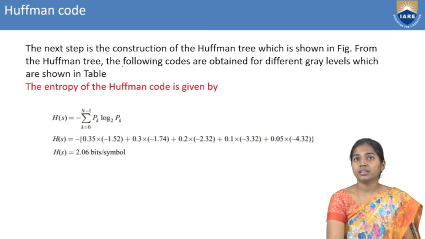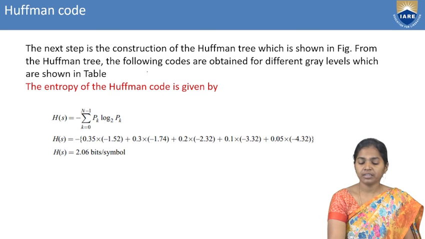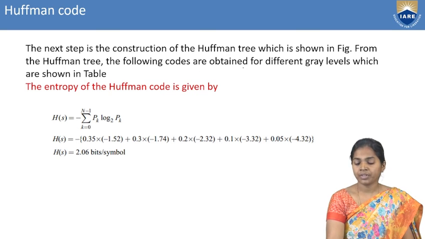So the next step is the construction of the Huffman tree, which is shown in the figure. From the Huffman tree, the following codes are obtained for different gray levels.